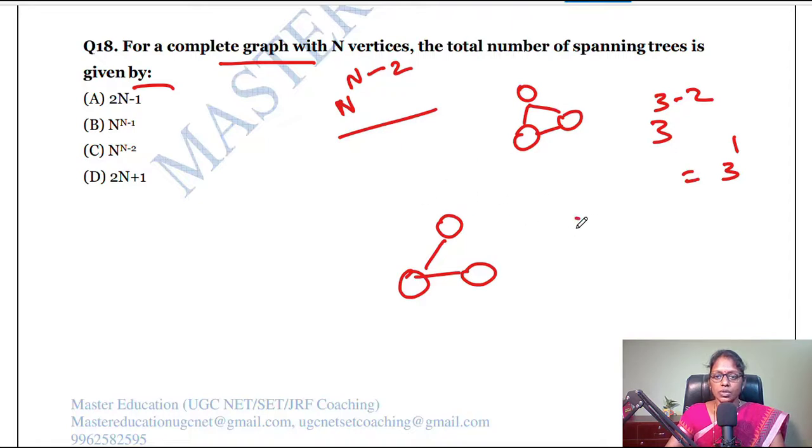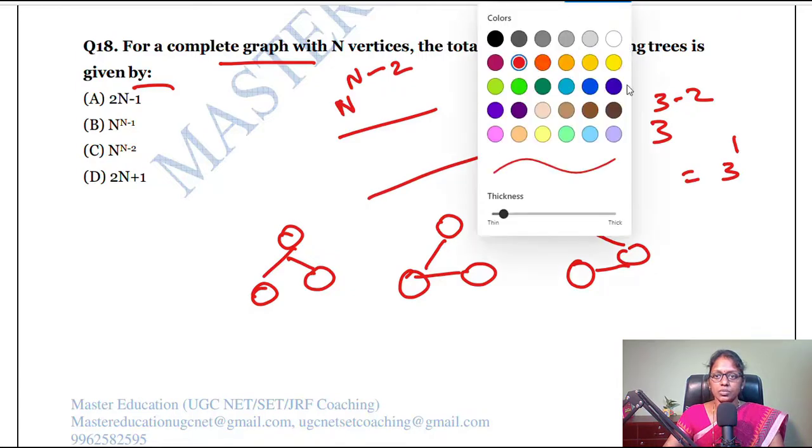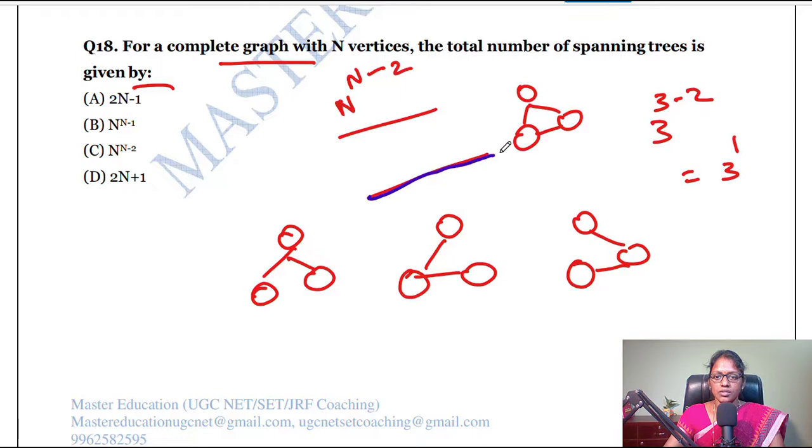So this is one kind of spanning tree, and you can rearrange it in 3 ways, right? 1, 2, 3. So this graph can represent 3 spanning trees.